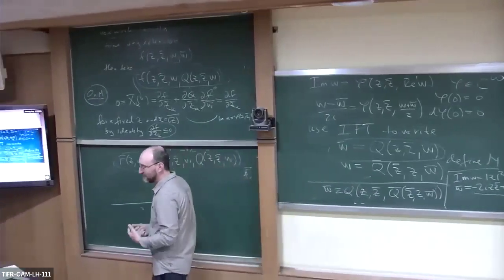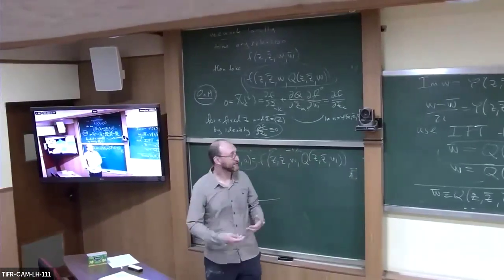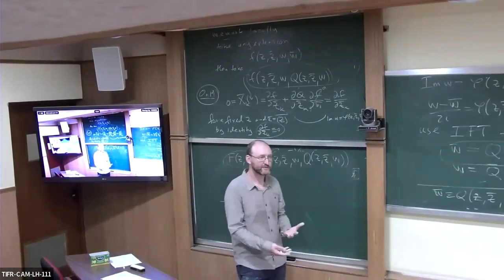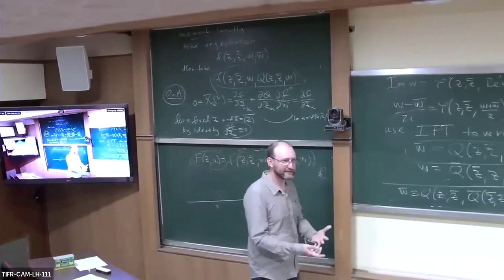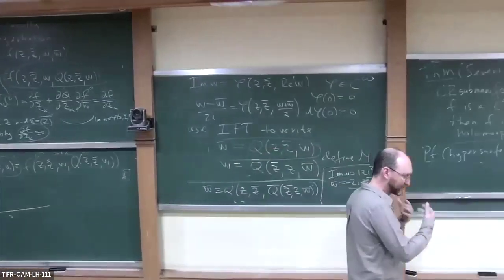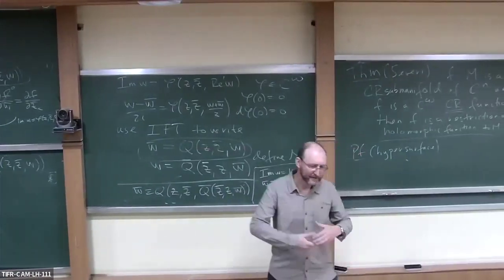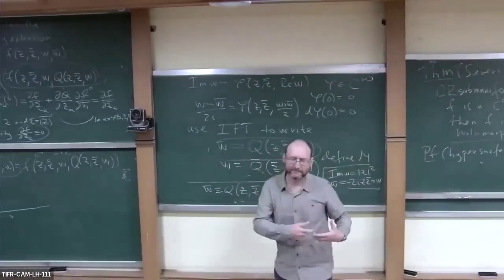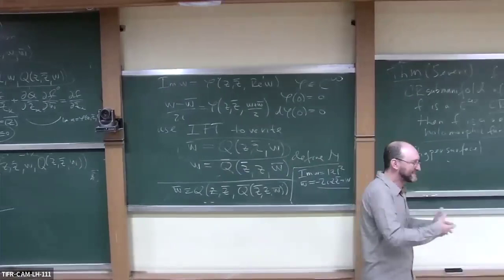So basically what we're going to do is, if we have a real analytic Levi-flat, we use that characterization of the Levi form as a projection into the bad direction, and something is Levi-flat if that thing is just 0.